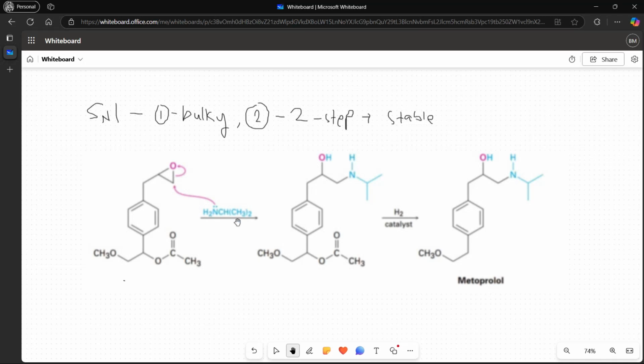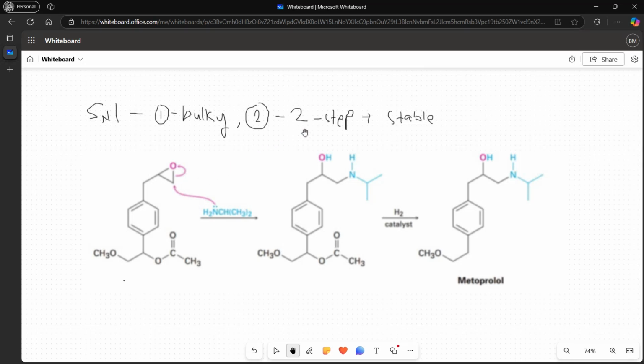And then you also need to look at the direction of your electrons as indicated by your arrow pushing mechanisms. So again, since this is an epoxide opening reaction, it is an SN1 reaction. It prefers bulky molecules.